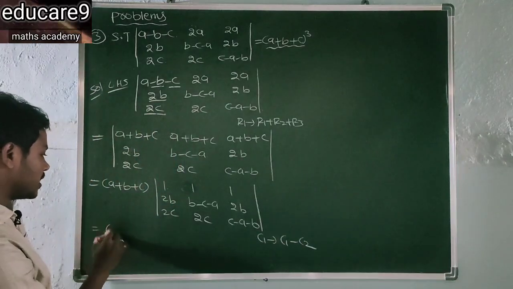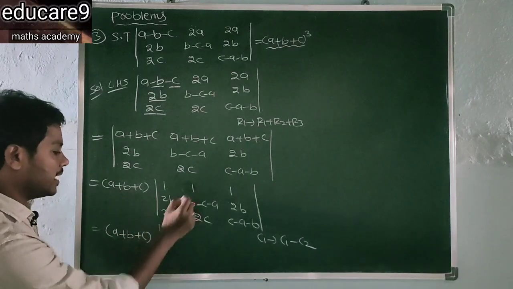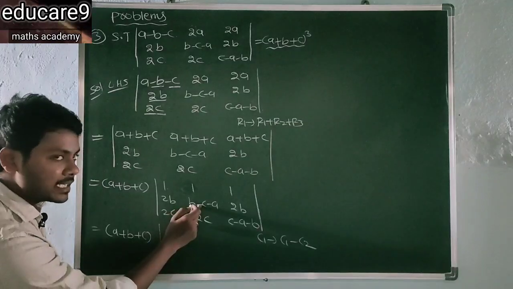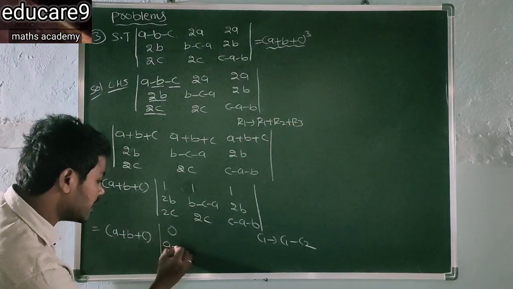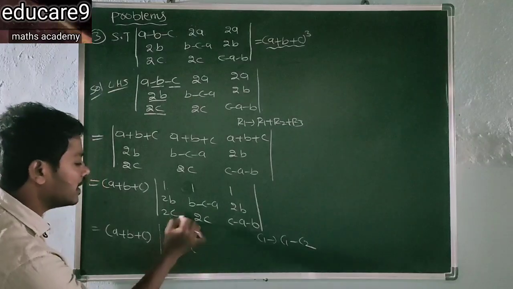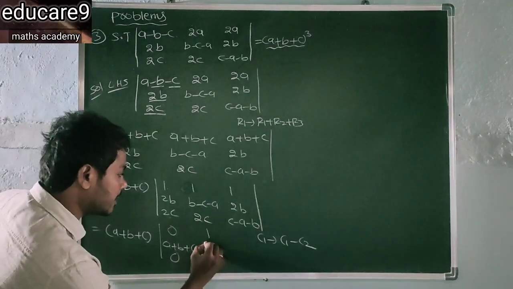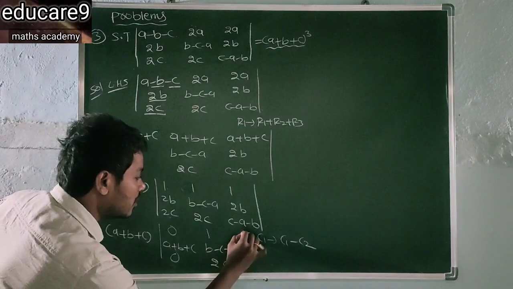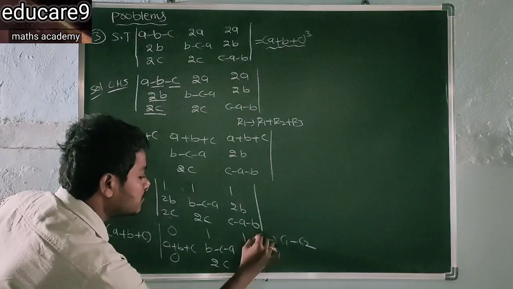This is A plus B plus C. 1 minus 1 is 0, and again 2C minus 2C is 0. The remaining terms are the same: 1, B minus C minus A, 2C, 1, 2B, C minus A minus B.